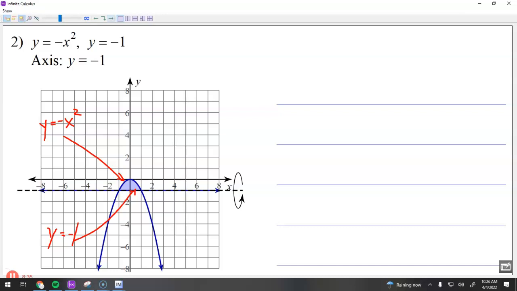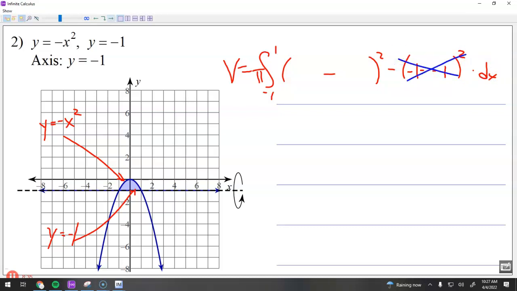So you're not subtracting anything out. So you're still going to have volume equals pi times, going from -1 to 1, top minus bottom, but then this top minus bottom will be -1 minus -1. So this entire part here just wipes out.